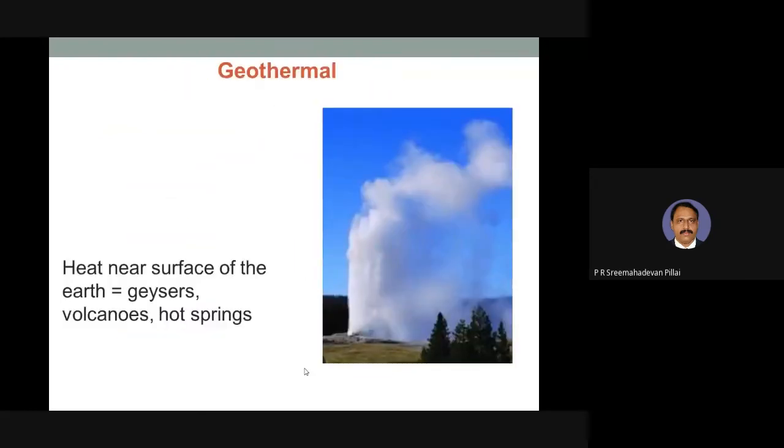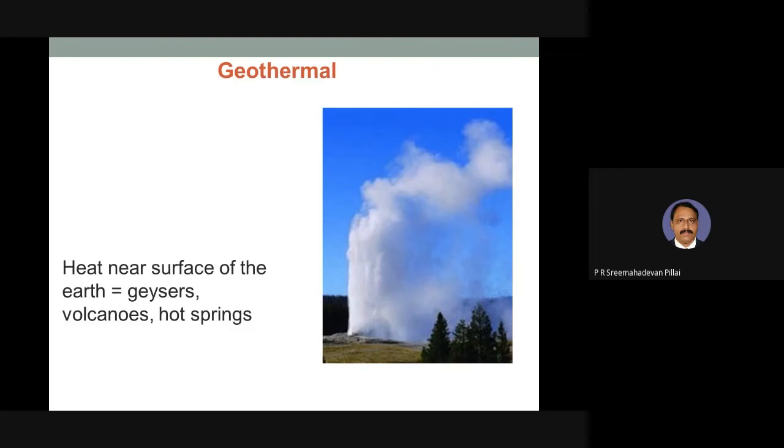Geothermal. Geothermal means we utilize the temperature inside the earth. There are 2 ways you can utilize it. When temperatures are high inside the earth, steam will be coming out. That steam we can use for running a steam engine. Another thing is we can use that temperature to boil water. We can pump in water and take out boiled water.